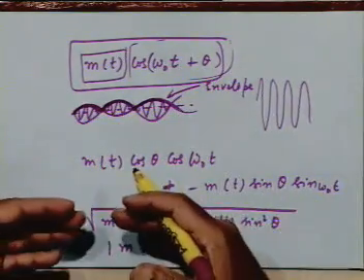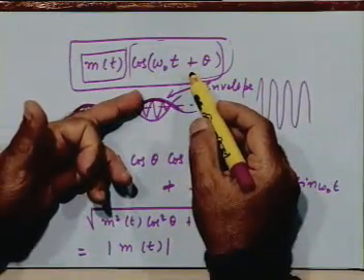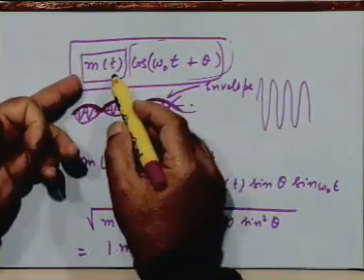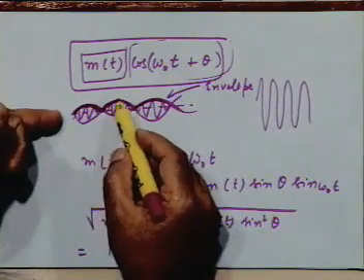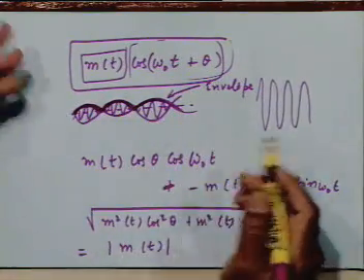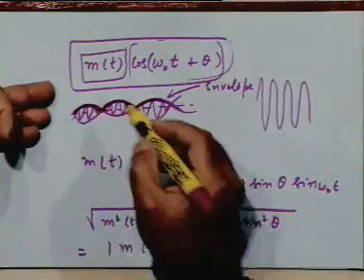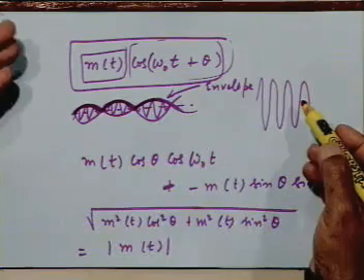It's easy to visualize this kind of an envelope when you have a product of a low pass signal and a high frequency signal, right? When you have a sinusoid like this multiplied by a low frequency function like m(t), these envelope fluctuations are slow fluctuations. But the sine wave fluctuations are dictated by the value of omega naught, which is much larger.